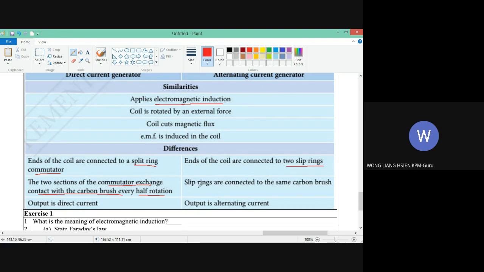Here, the slip rings are connected to the same carbon brush. That means no matter what angle it rotates, the same carbon brush connects to the same ring. For the direct current generator, the output is direct current. For the alternating current generator, the output is alternating current.